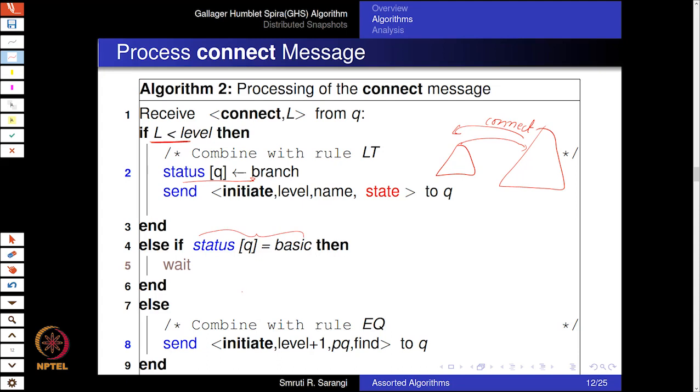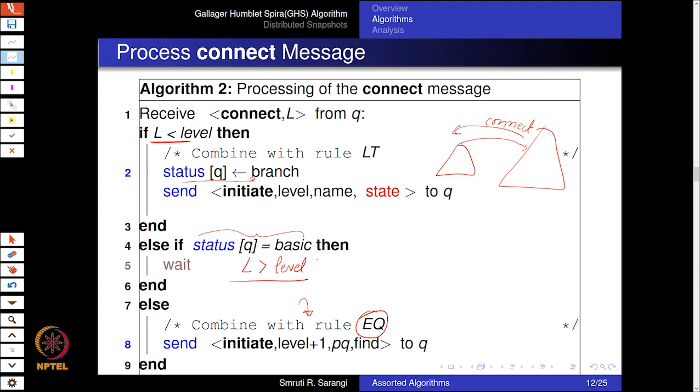So then what I will do is I will combine with rule EQ. So why will rule EQ be useful over here? And why not, so we are automatically saying that if the status of the node is basic, does this automatically mean that L is greater than level, right? And do the conditions for rule EQ actually hold?